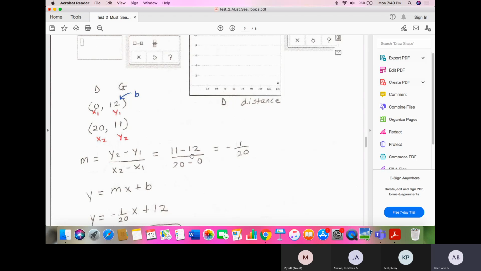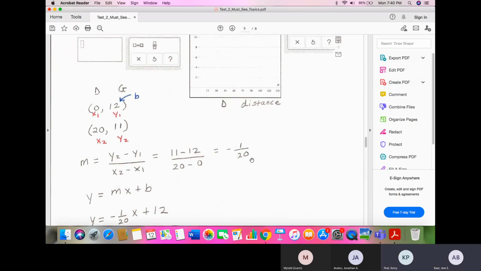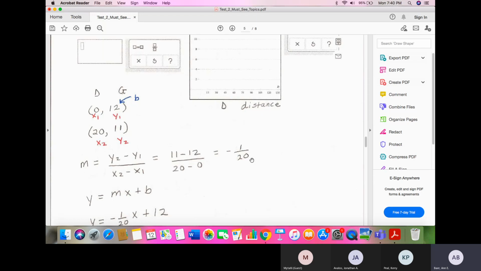So this is 11 minus 12, which is negative 1. This is 20 minus 0, which is 20. So we have the slope of our line.